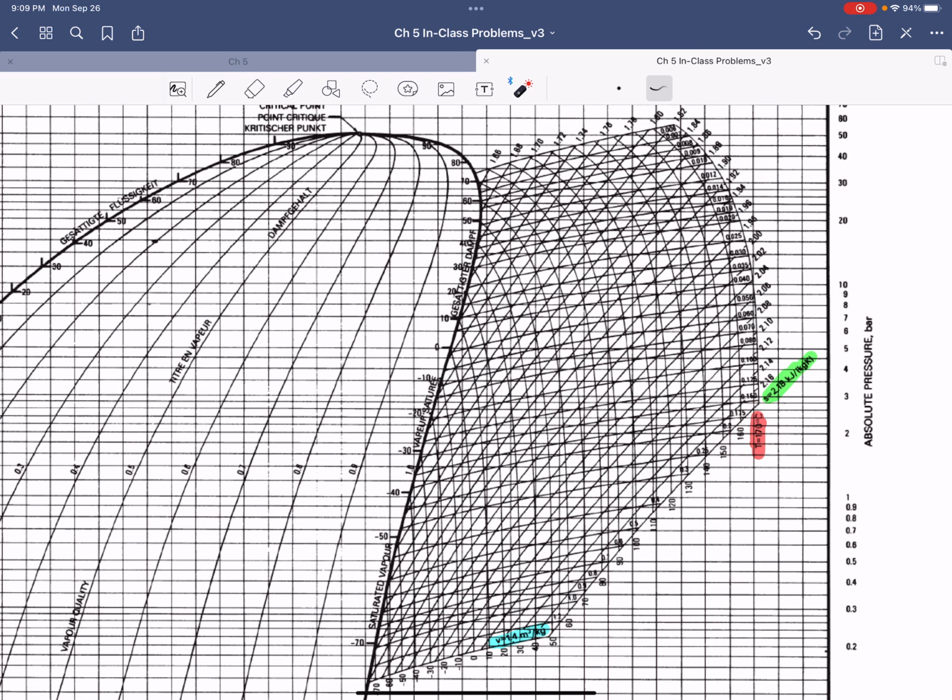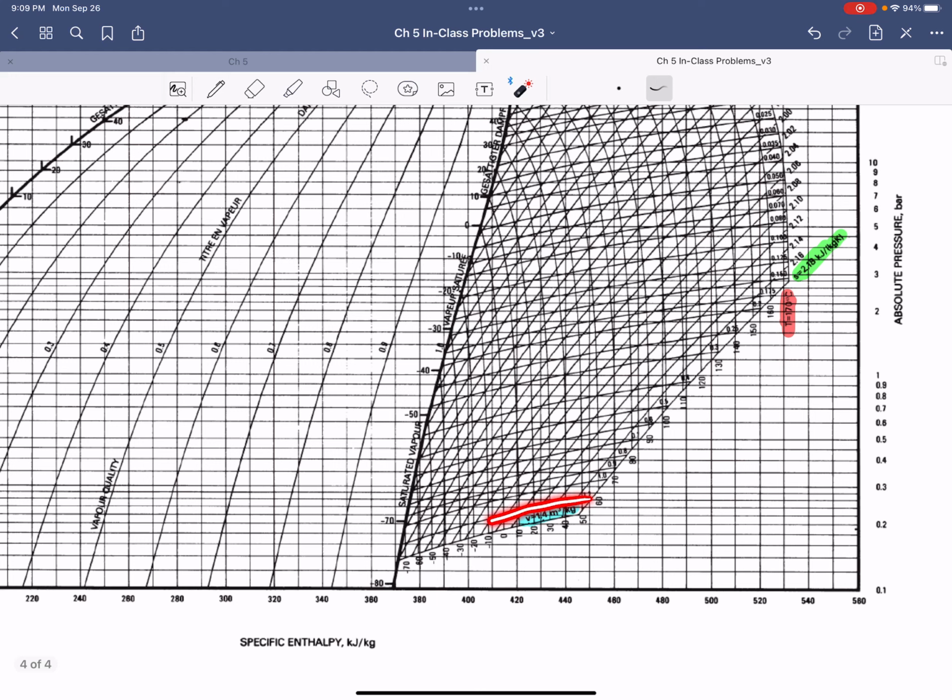So the temperature lines are the ones that go up and down, okay? For the lines that go left to right, kind of this way, these refer to the specific volume of the refrigerant at different conditions, okay? So these lines.